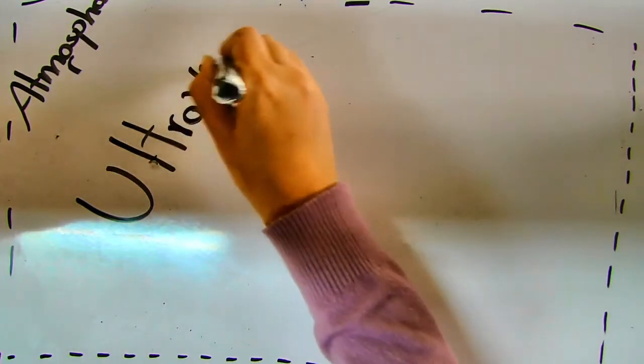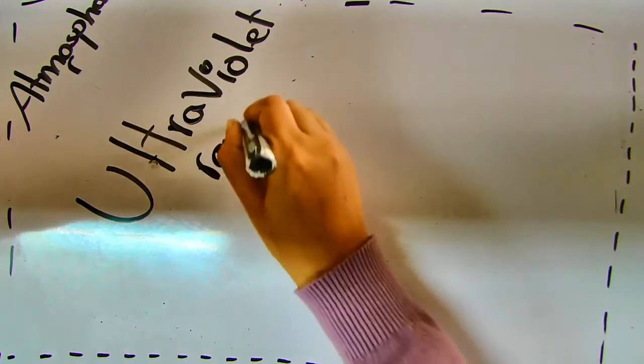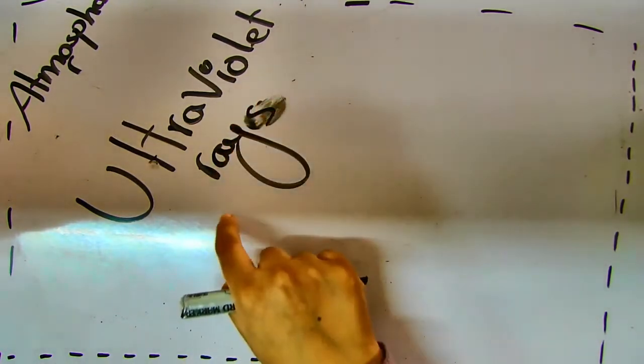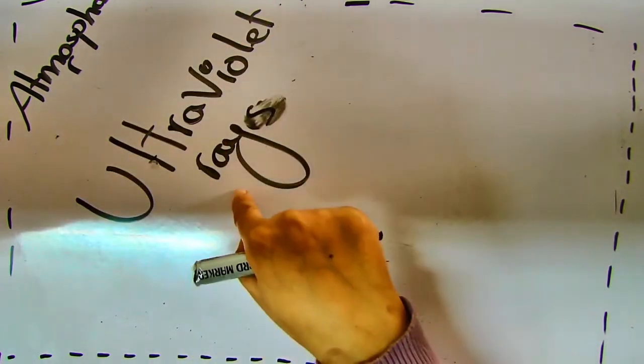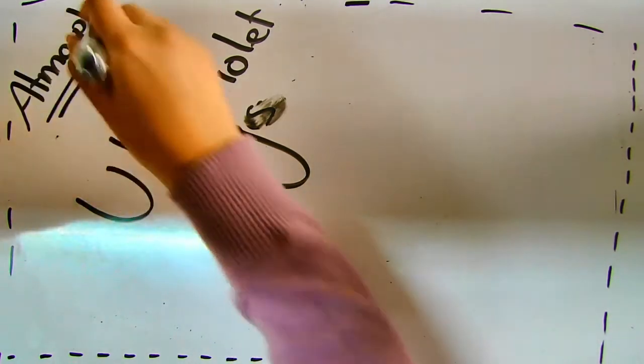These rays are harmful radiations. They come from the sun or from outer space. So the atmosphere absorbs these rays.